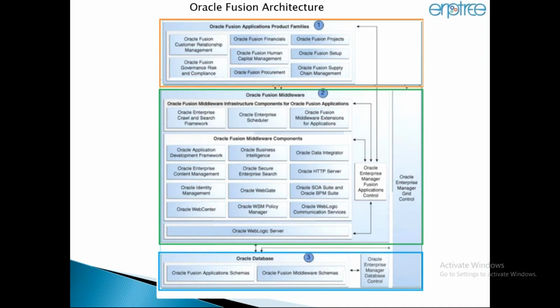One of the things we can understand in step 2 here is Fusion middleware, and we have the middleware tools. For example, Oracle Identity Manager, as we just discussed, and Authorization Policy Manager, and we have BPM, the Business Process Management tool, which is again a middleware tool that has integration with our applications.